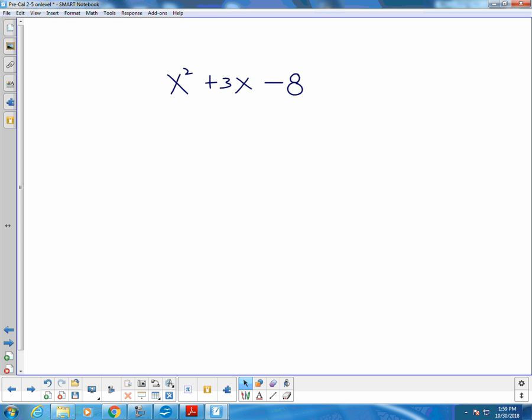There are no factors of 8 that subtract to 3. So it can't be factored, which tells me my zeros are either irrational or imaginary. So we are going to say opposite of b plus or minus the square root of. So if I can't factor it, I still can solve it using the quadratic formula.